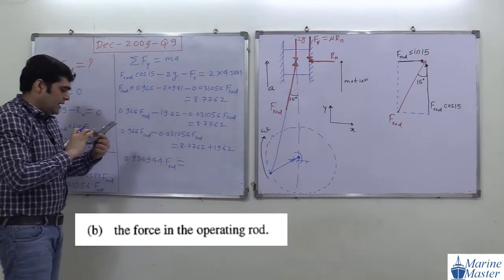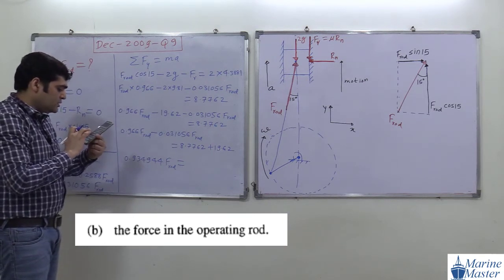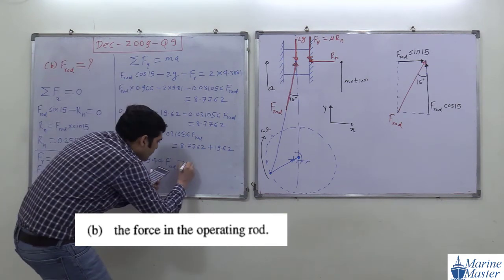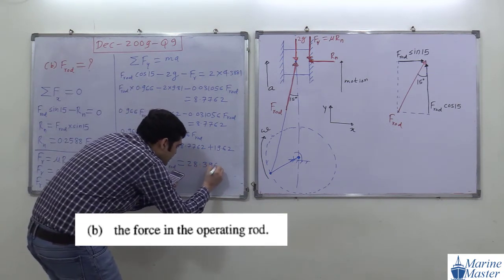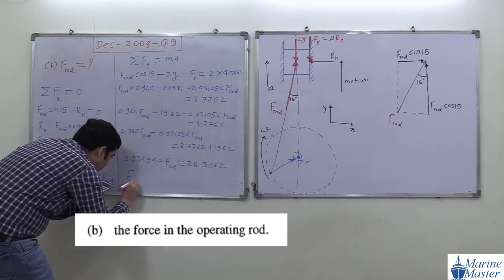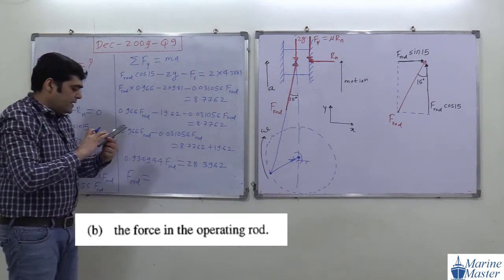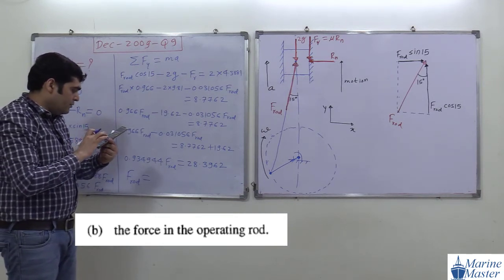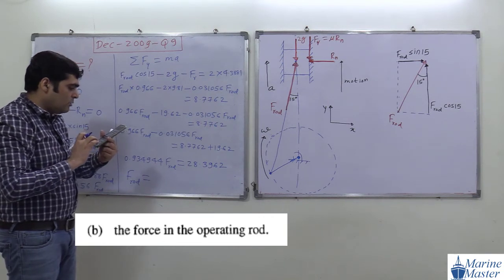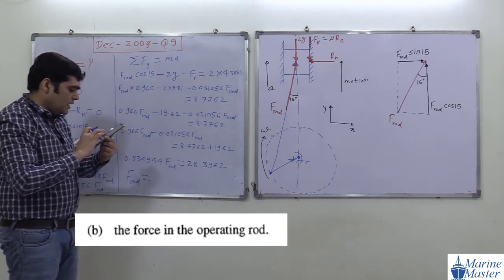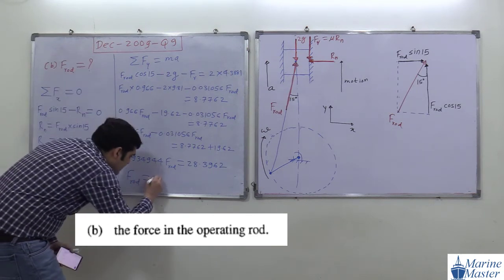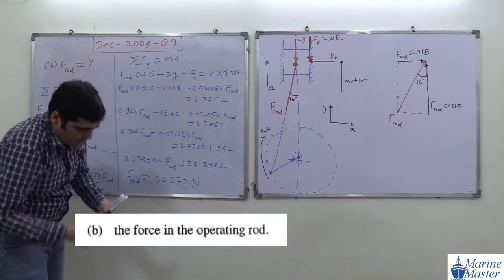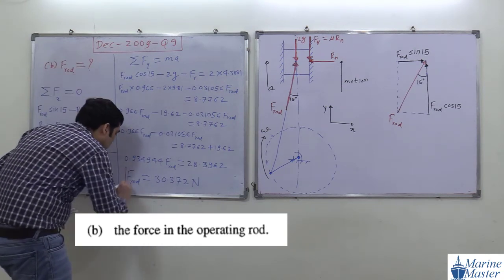Then 8.7762 plus 19.62 gives 28.3962. So F rod will be equal to 28.3962 divided by 0.934944, which is 30.372. The force unit is Newton. In this way, we got the force in the operating rod.